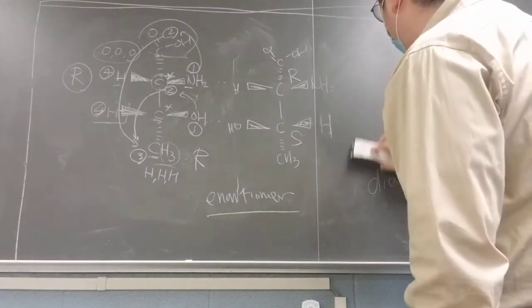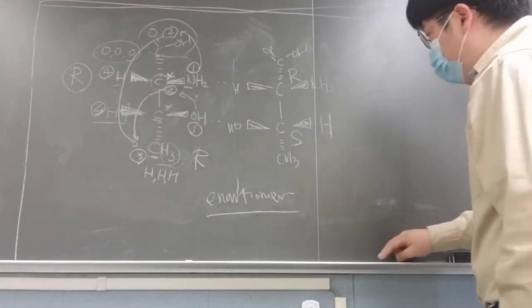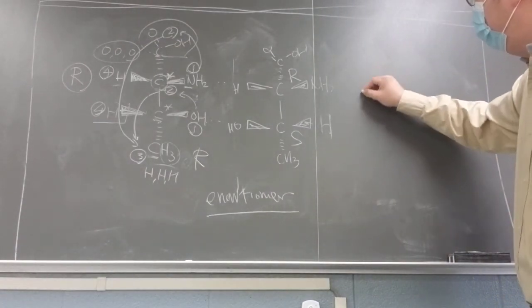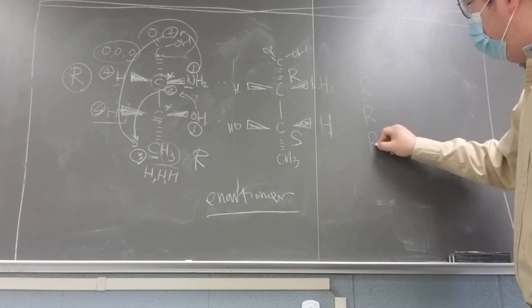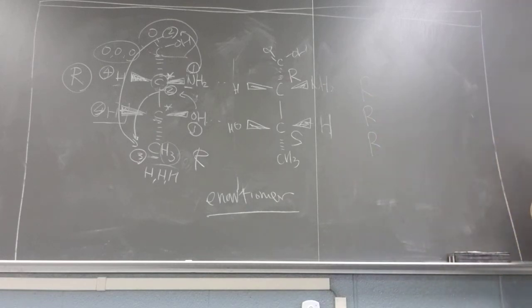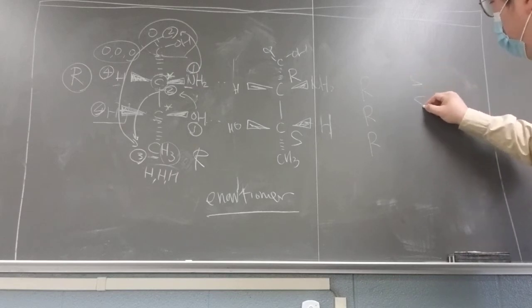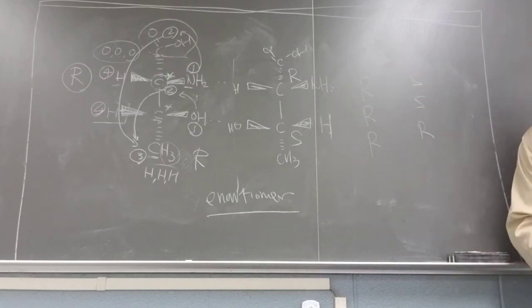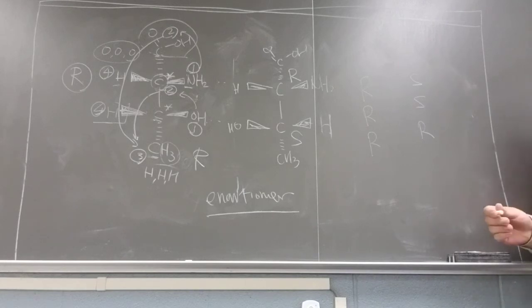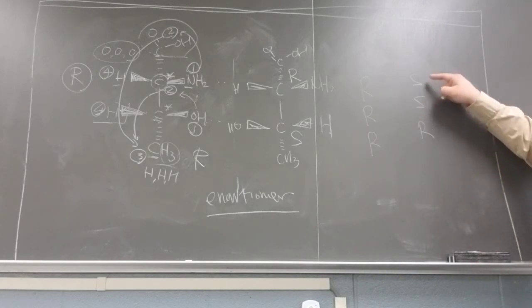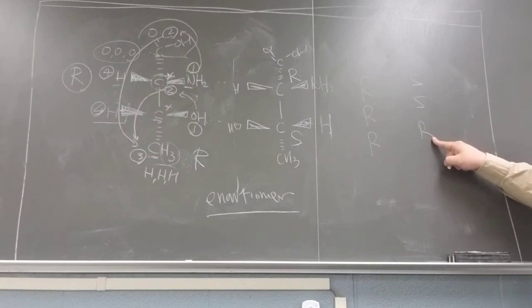So maybe I will give you more examples. If you have three chiral centers, say S, S, R, these are diastereoisomers because they're all changed in here, but one is the same.